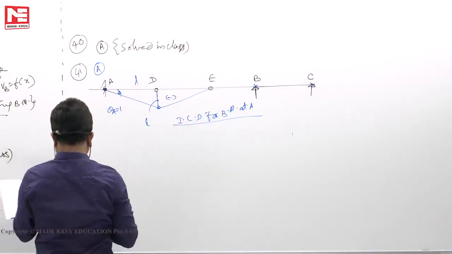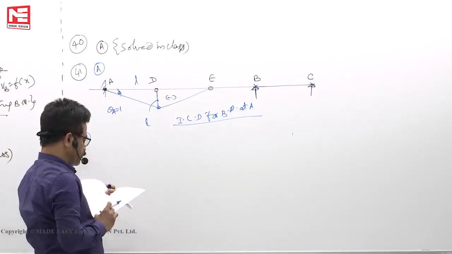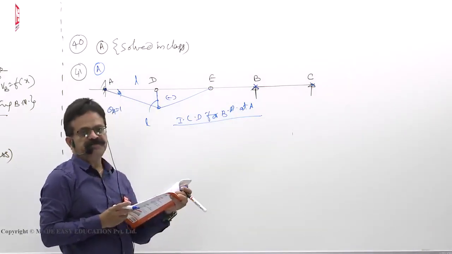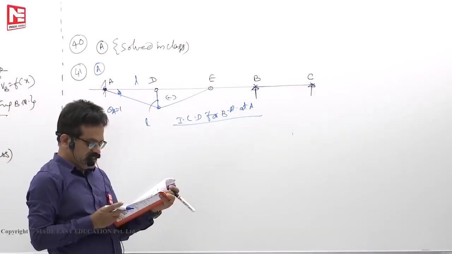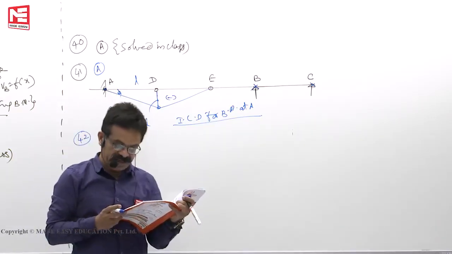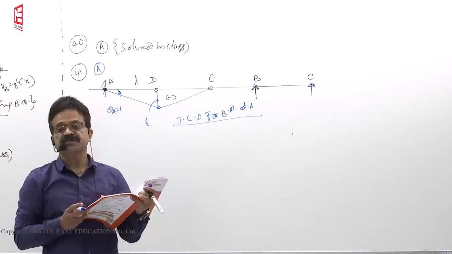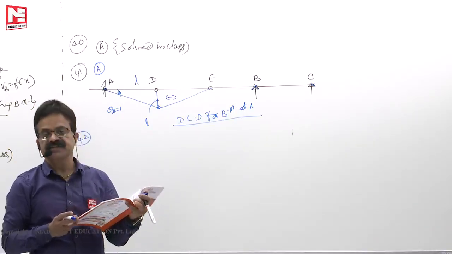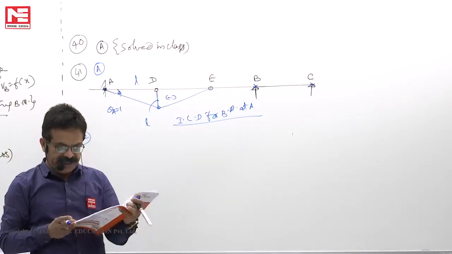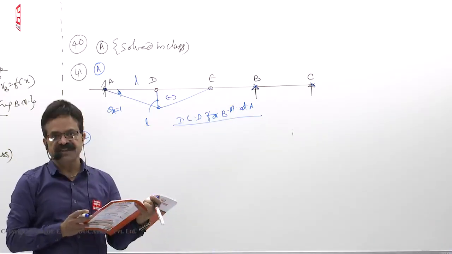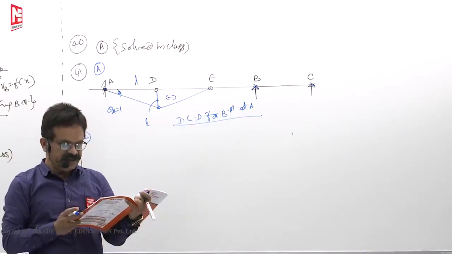Then 42. Muller Breslau principle for obtaining influence lines is applicable to statically determinate beams and frames. You can apply it to statically indeterminate structures, the material of which is elastic and follows Hooke's law. Any statically indeterminate structure means if you have a non-linear elastic structure, you cannot apply Muller's principle.